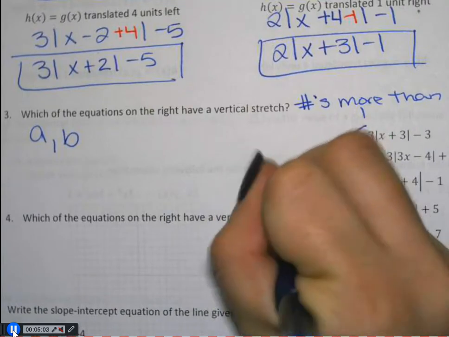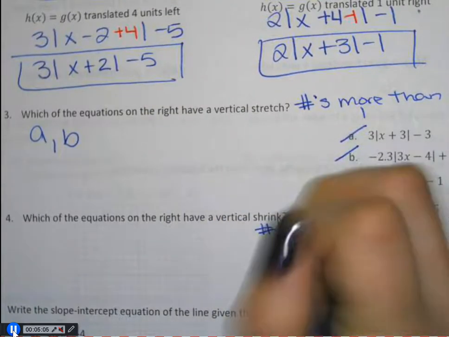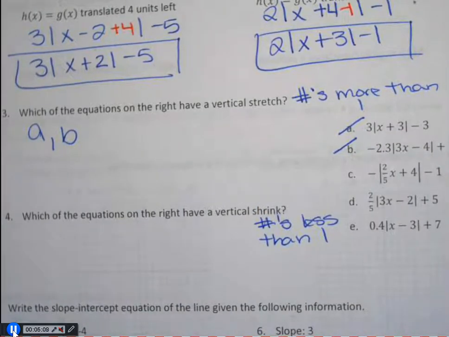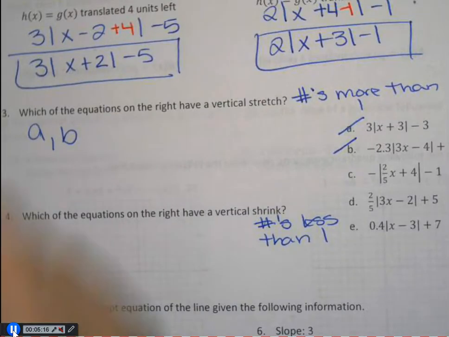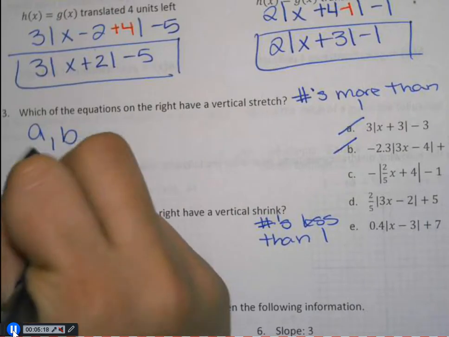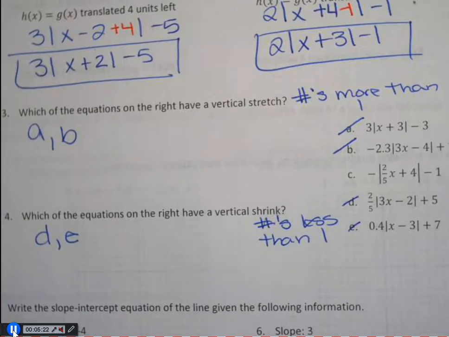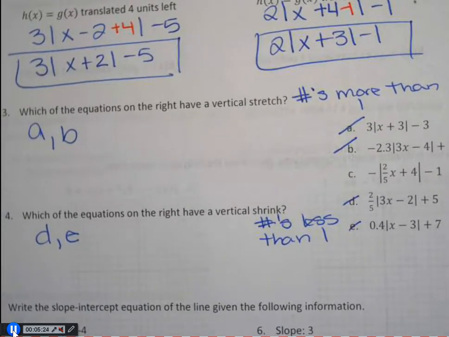So which ones would those be? That one's not. It has no vertical stretch or shrink. It only has a reflection. Questions on 3 or 4?